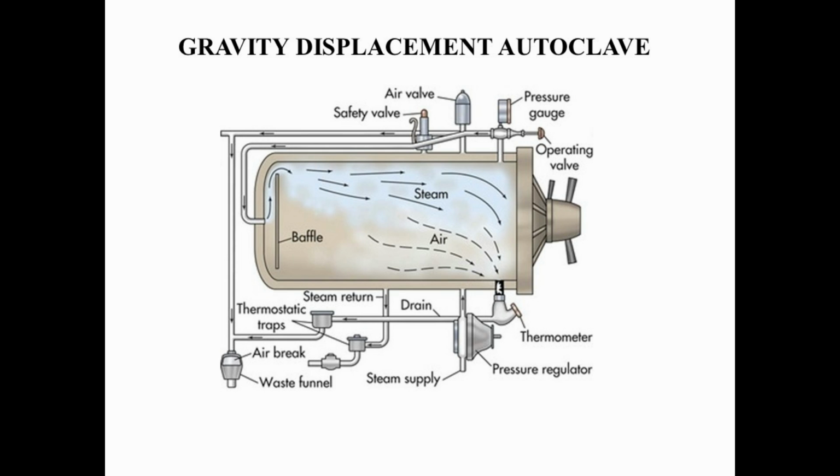Specifically the pre-vacuum cycle, in which the air is removed from the chamber and load by means of pressure and vacuum excursions. For gravity displacement sterilizers, the penetration time into porous items is prolonged because of incomplete air elimination from the load.